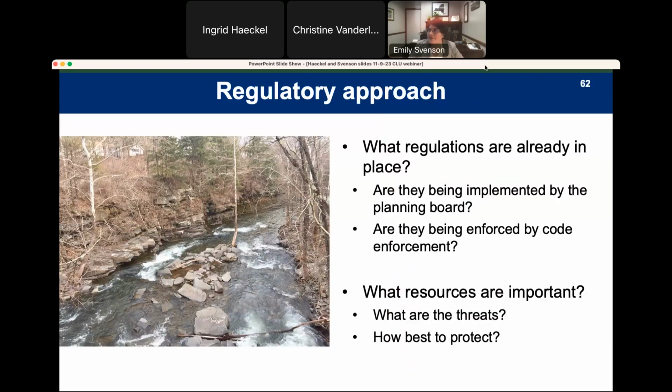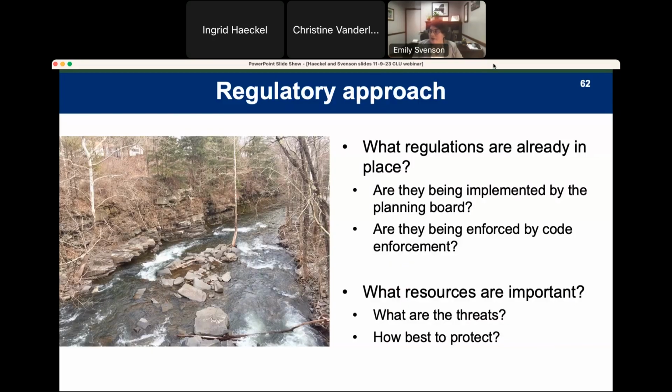So I like to suggest to folks that if you want to take a look at what you have in your community and improve your protection of streams and wetlands, the first place to look is to see what regulations you already have in place and find out if they're being implemented, or if not, if that is something that you can work on.